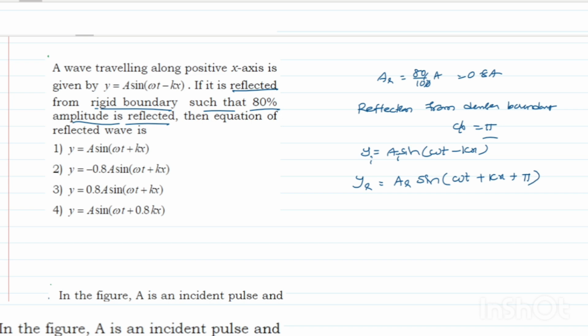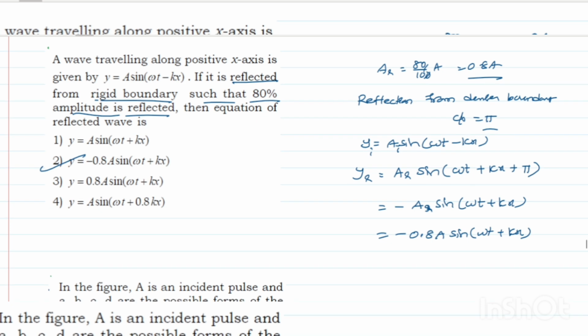So sine (180 plus theta) will be getting as minus sine theta, so minus AR into sine (omega t plus kx). So here the AR value we calculated as 0.88, so here minus 0.88 into sine (omega t plus kx). So minus 0.88 sine (omega t plus kx) is the correct answer.